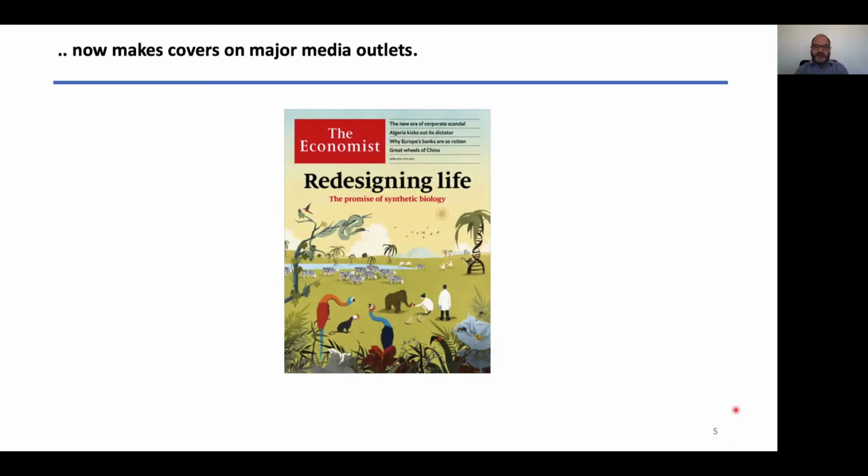For instance, this journal, The Economist, is a magazine that is read by many people, politicians, economists, and the wide public. So it's not only for scientists.